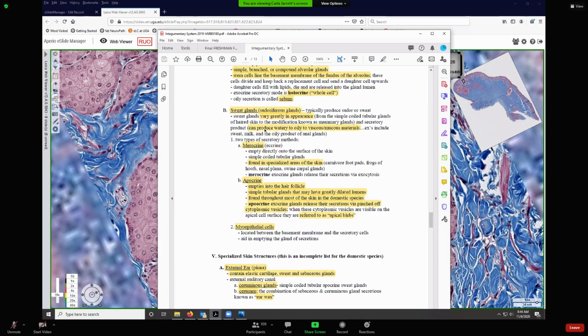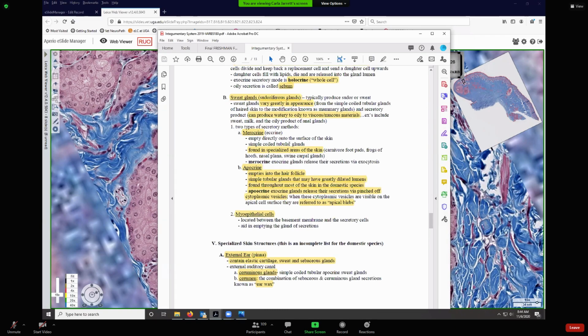They can produce a watery secretion like sweat, which is actually called sudor. They can produce an oily secretion, or even a mucousy secretion. And they also make milk, so mammary glands are just modified, specialized sweat glands.